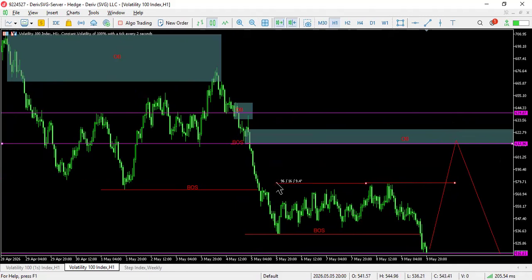We only work with probabilities. All right, that's pretty much it on volatility 100.